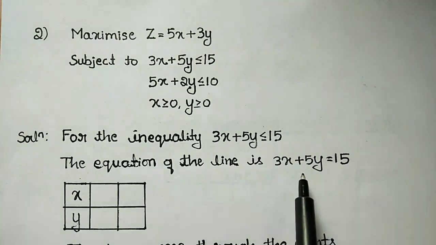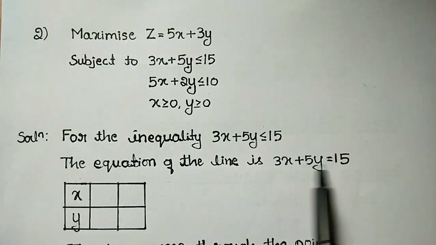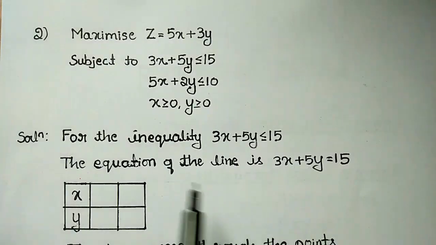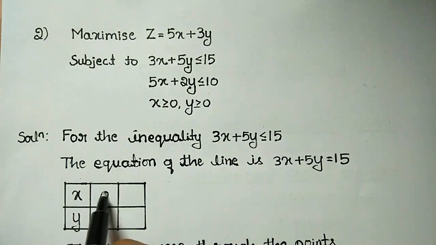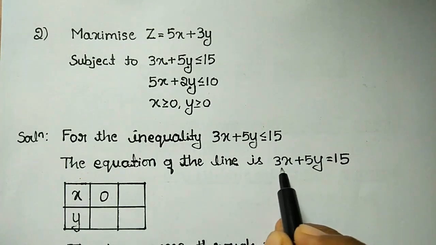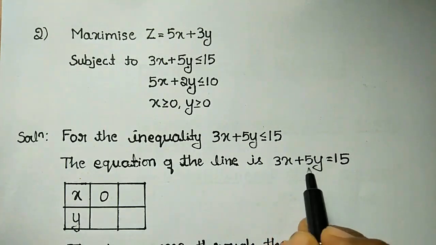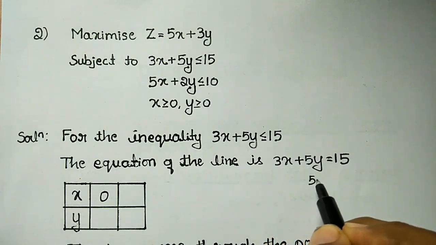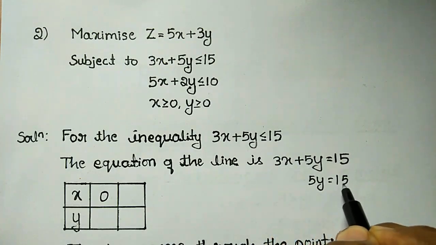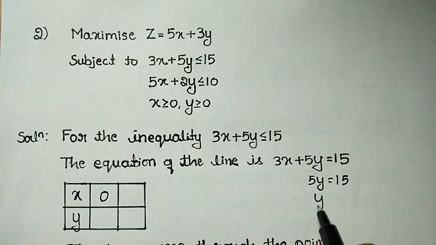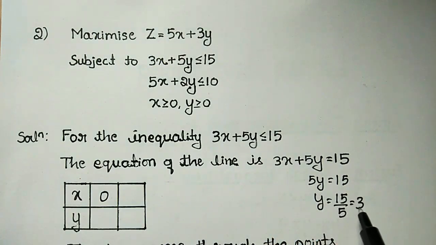For that, substitute x as 0 in this equation. When x is 0, the first term will become 0. Then the equation will be 5y is equal to 15. This implies y is equal to 15 upon 5, which is 3.